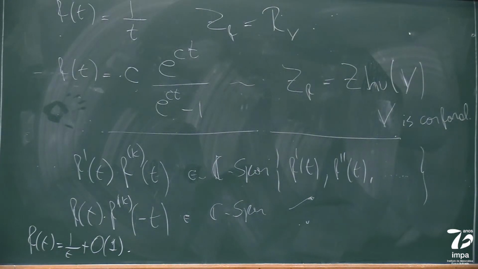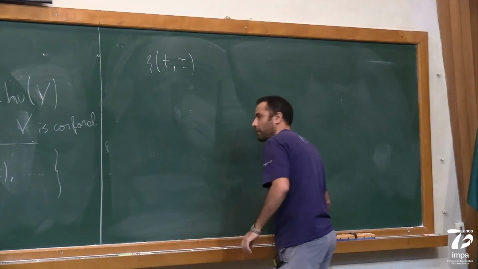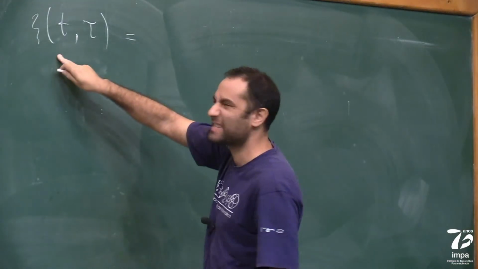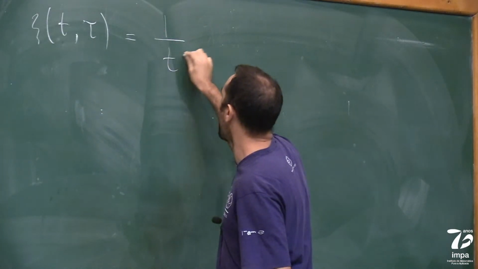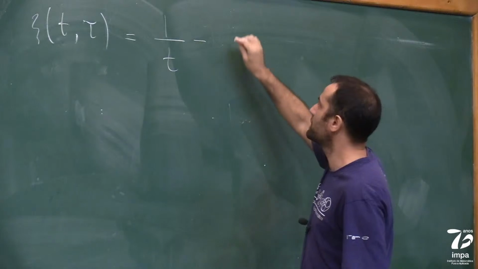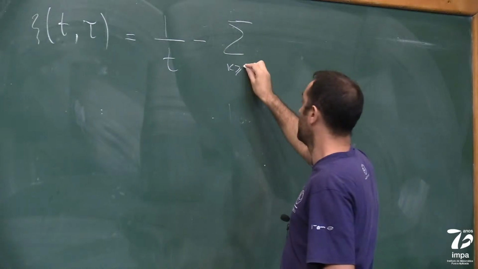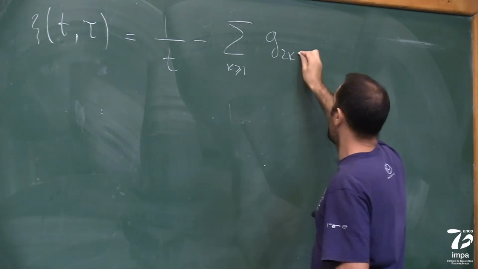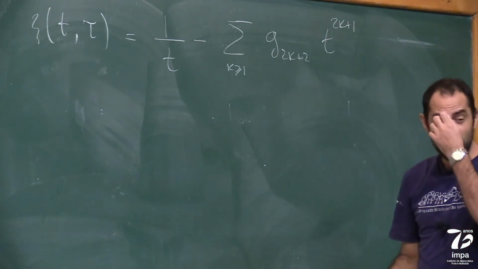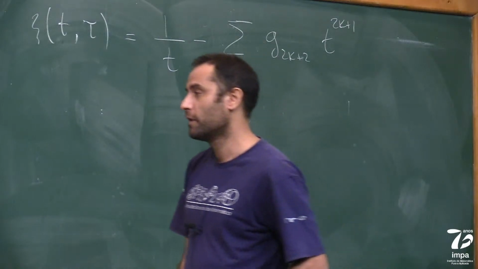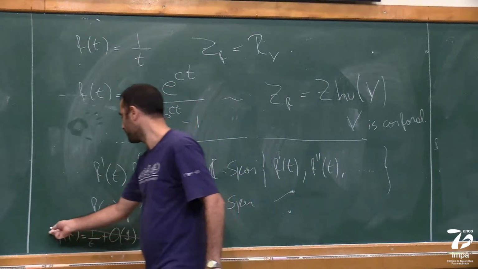The Weierstrass zeta function of t, tau, has as a Taylor expansion close to t equal to 0, remember, 1 over t minus the sum over k bigger or equal than 1 of G_{2k+2} t^{2k+1}. This really wants to satisfy all of these conditions. It satisfies this on the nose, so this is good.